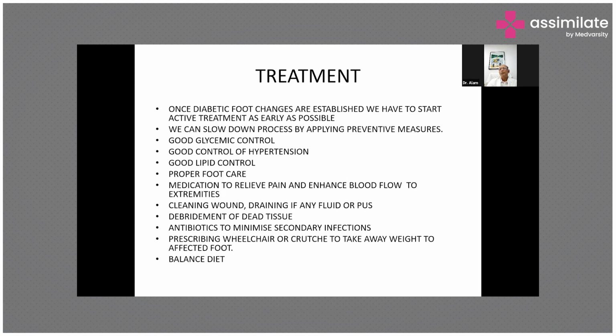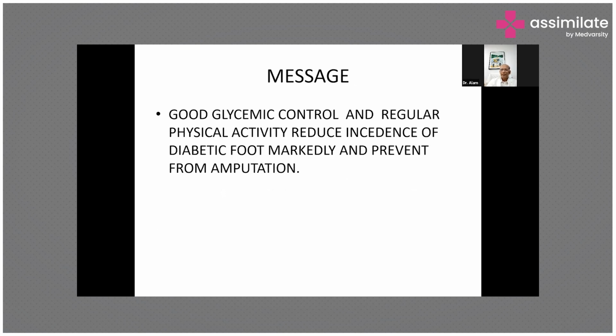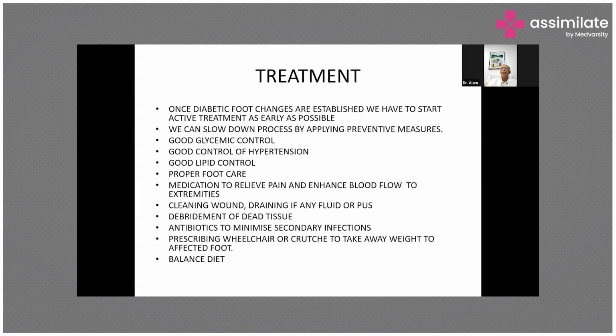We can slow down the process by applying preventive measures: good glycemic control, and if someone is diabetic, his glycosylated HbA1c should be less than 7, good control of hypertension, good lipid control, proper foot care, and medication to relieve pain and enhance the blood flow to the extremities.